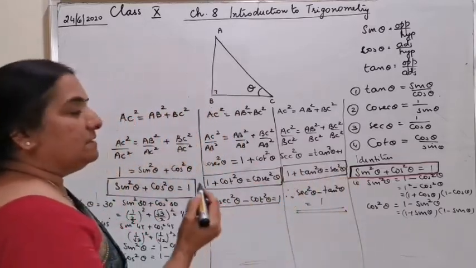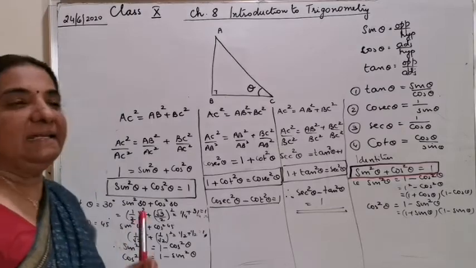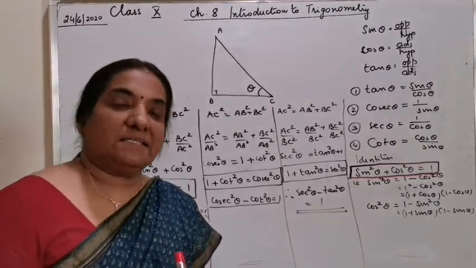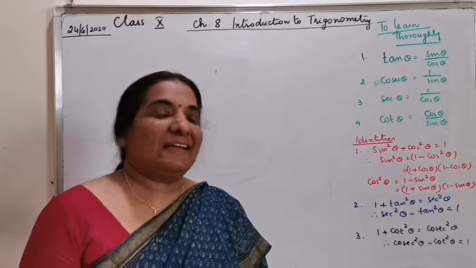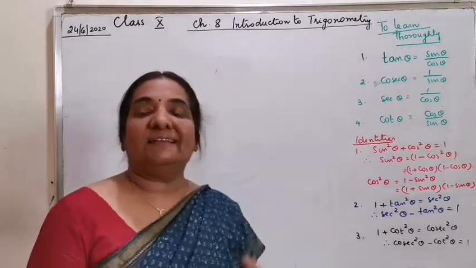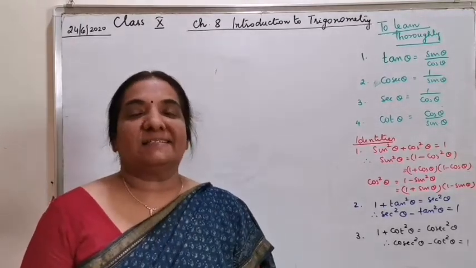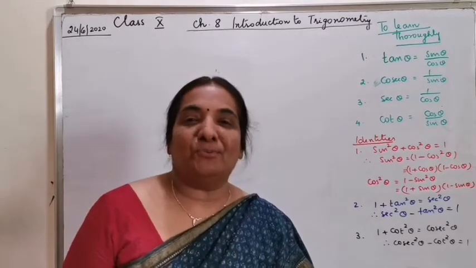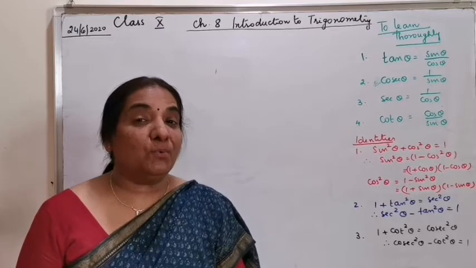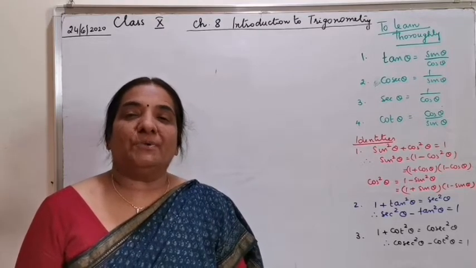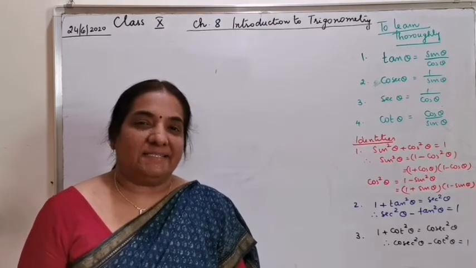These are the three major identities in the syllabus of class 10. Children, kindly learn these thoroughly, as the next exercise is fully based on proving the identities, where you don't have a specific rule on how to get into the identities.